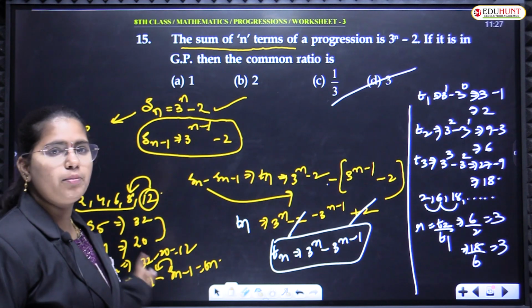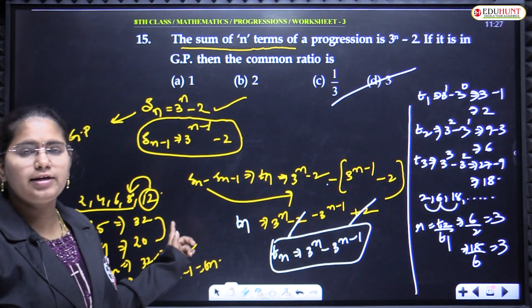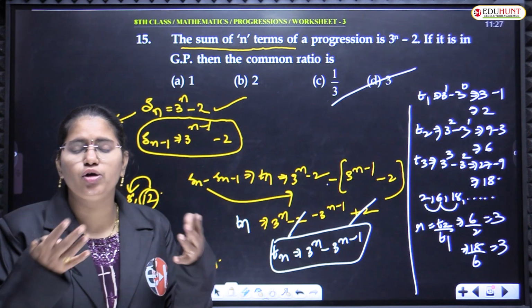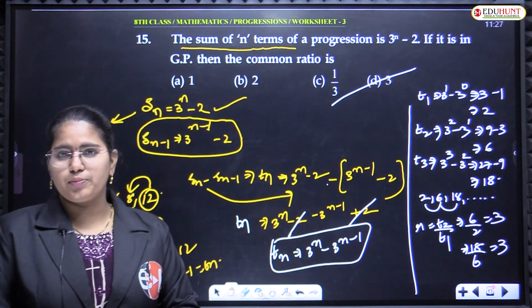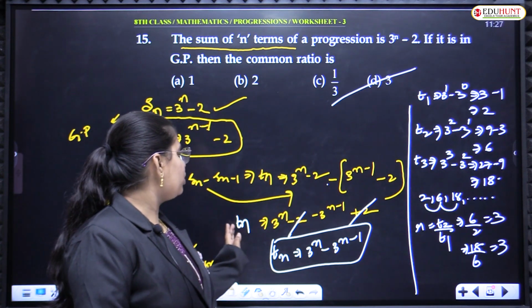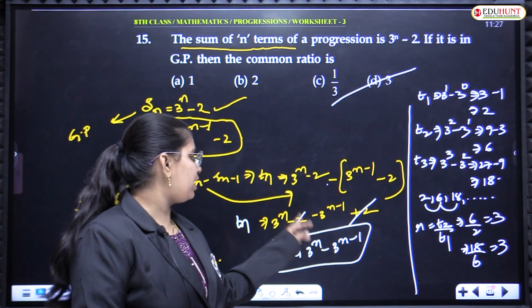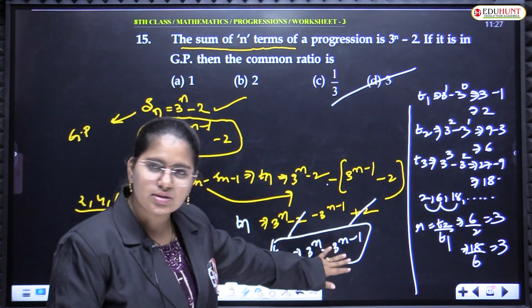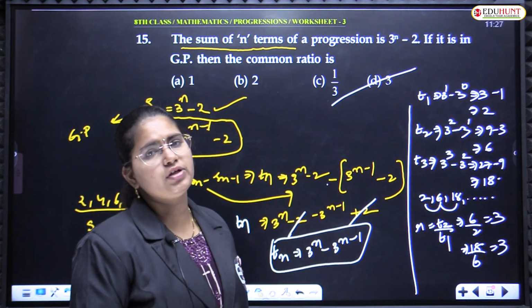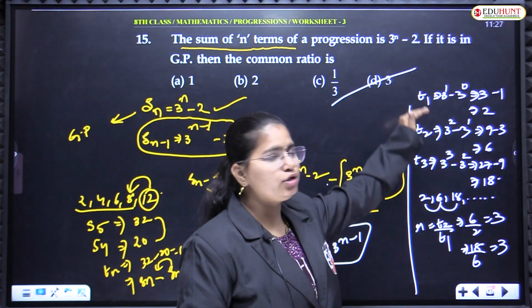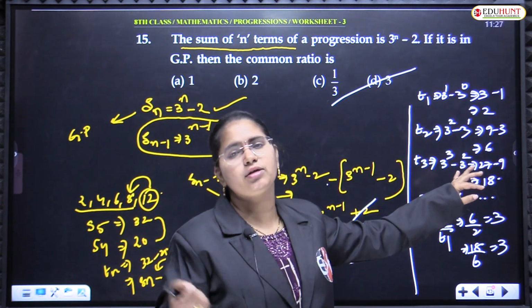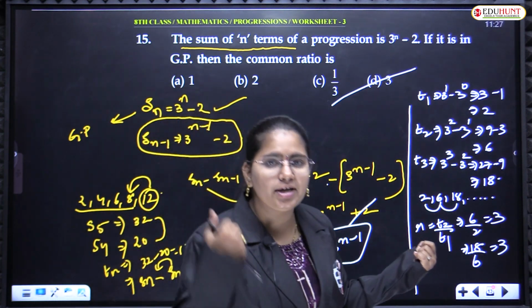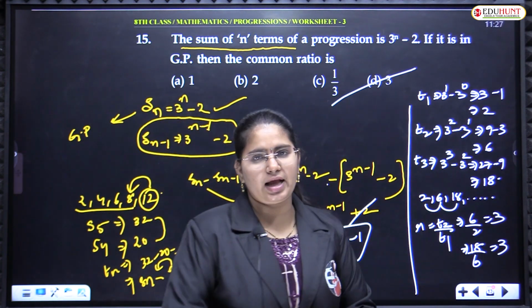Whenever you have Sn and S(n-1), just subtract those both and you will get the nth term of a progression, right? So 3 to the power of n minus 2 minus 3 to the power of (n-1) minus 2. Two terms cancel, and the leftover result is this. With the help of this, I found the 1st, 2nd and 3rd terms, and found that those 3 terms are in GP. If it is in GP, the common ratio is T2 by T1, and the answer is 3.